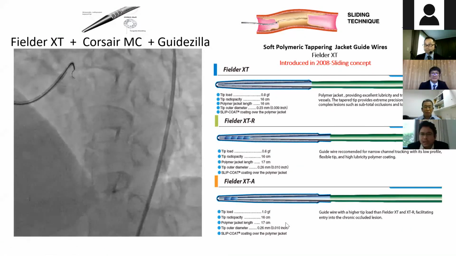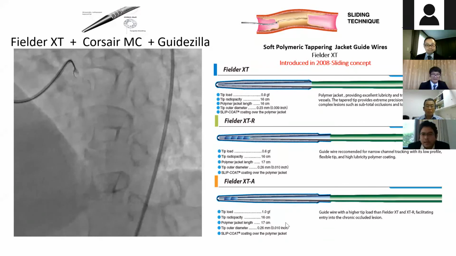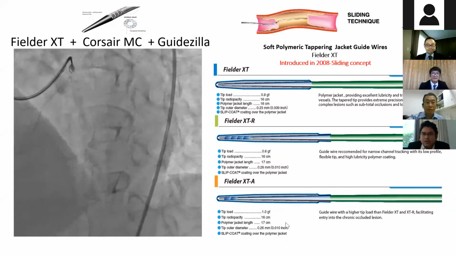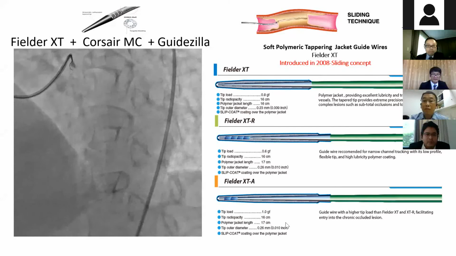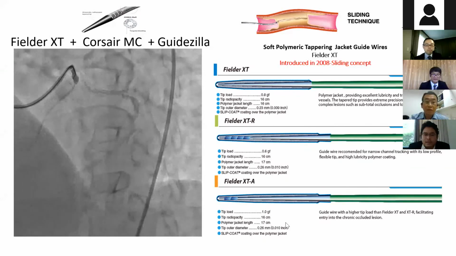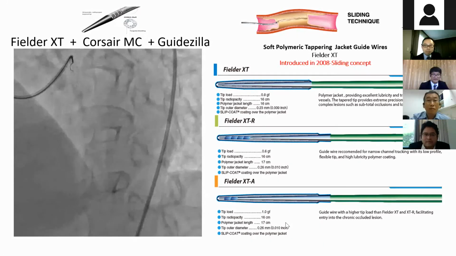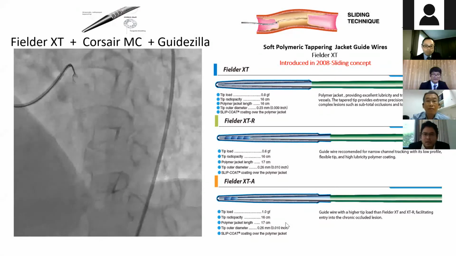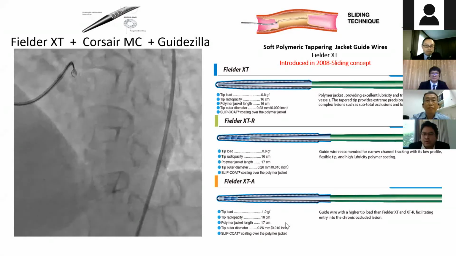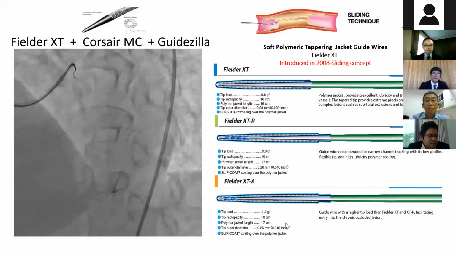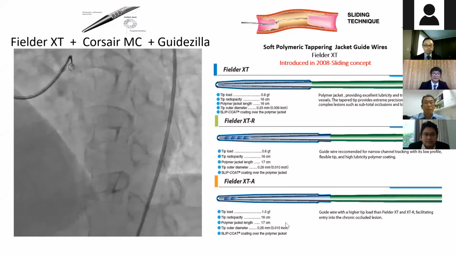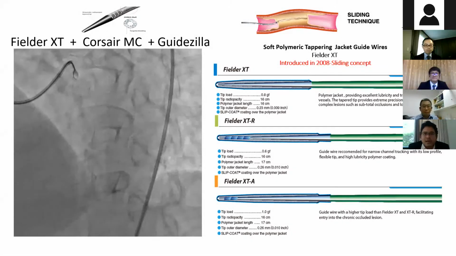The next case presentation is from Dr. Anek Kanoksin, a very renowned interventionist in Thailand and the hospital director of the Central Chest Institute of Thailand. Now, Dr. Anek Kanoksin will show us some case presentations about the usage of the CTO guide wire. So please go on.